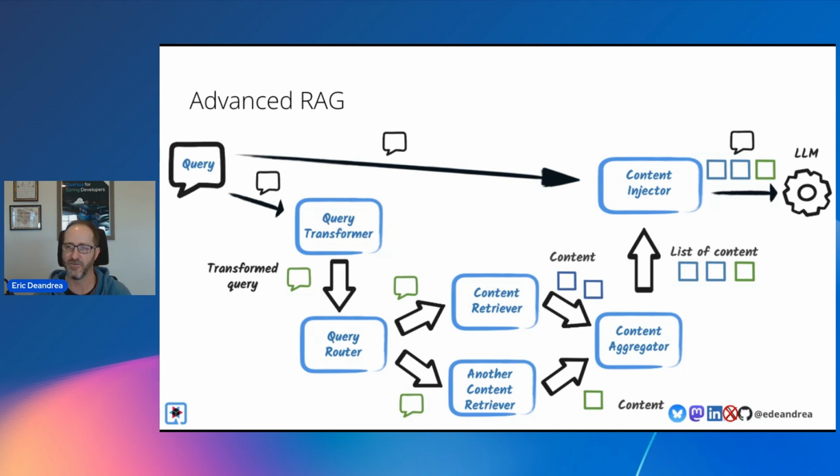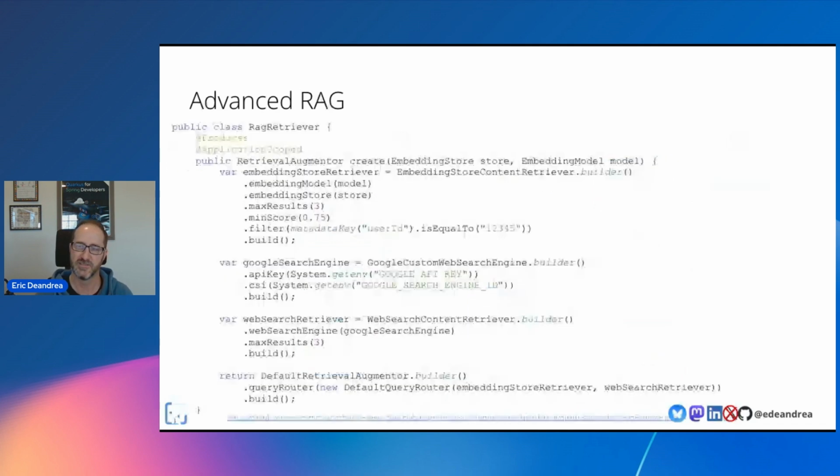So it's figuring out how you want to route these queries to different augmenters or different retrievers, and then how you want to aggregate the results back before you send them to the language model. And code wise, it's pretty simple.